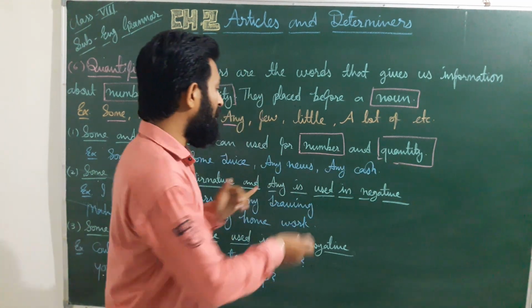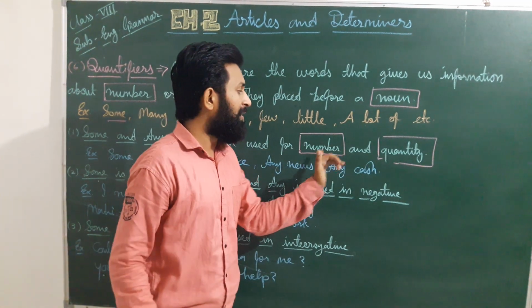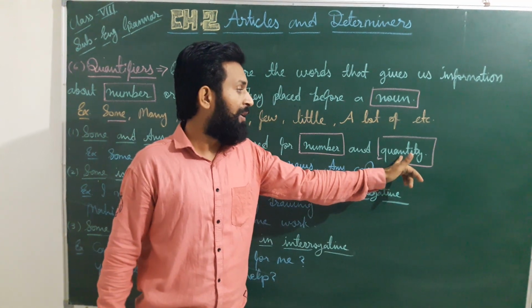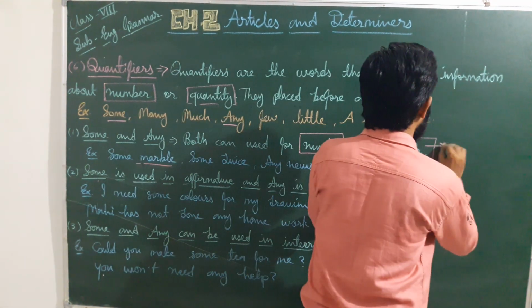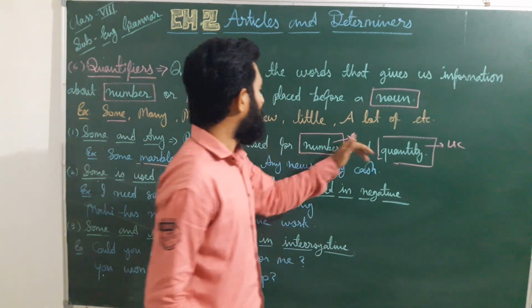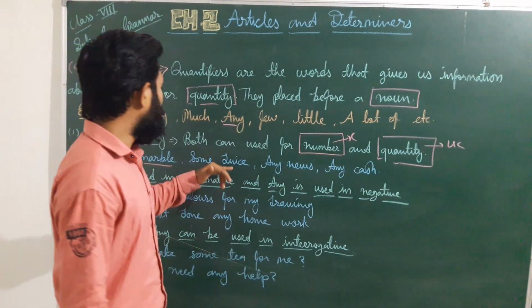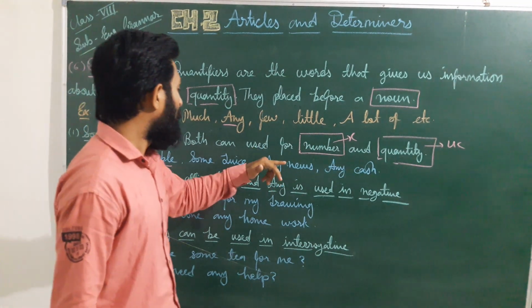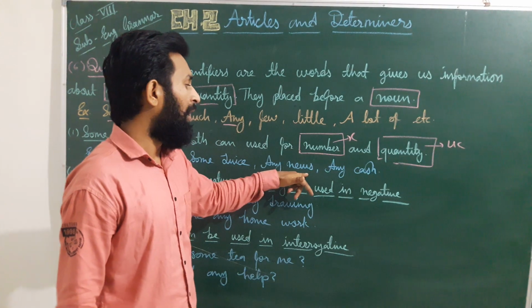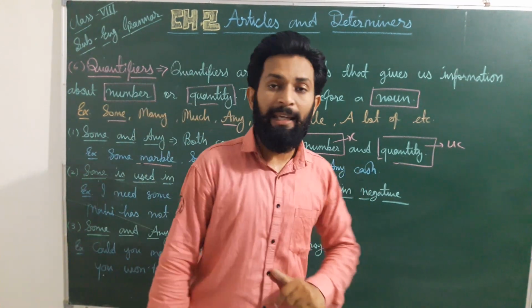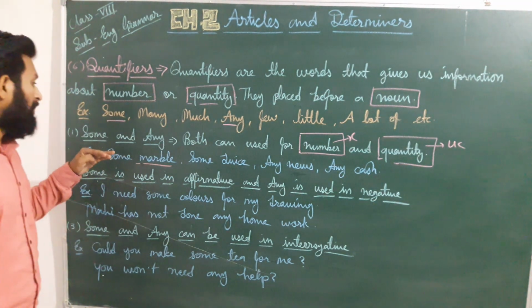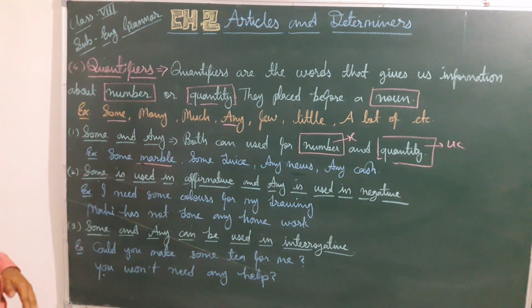One thing I want to clear: number means countable things, and quantity means uncountable things. You have to write UC for uncountable and C for countable. So we use some juice. After that, any news is uncountable. After that, any case is countable, meaning you can count it. That situation can also be mentioned with some and any.